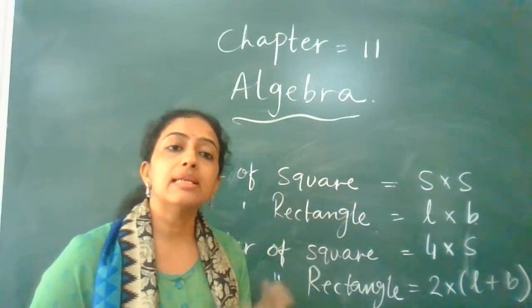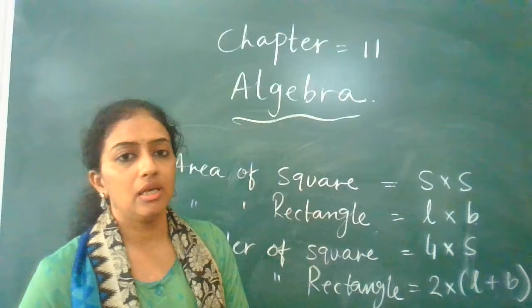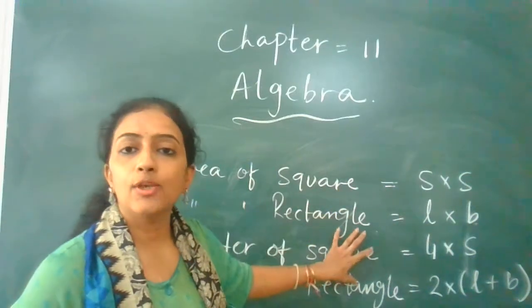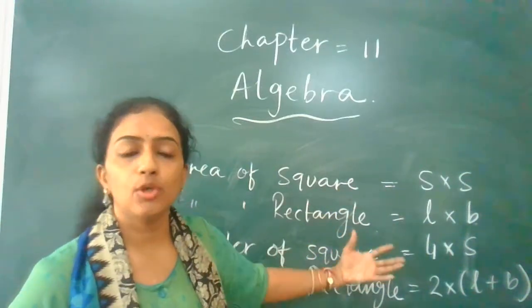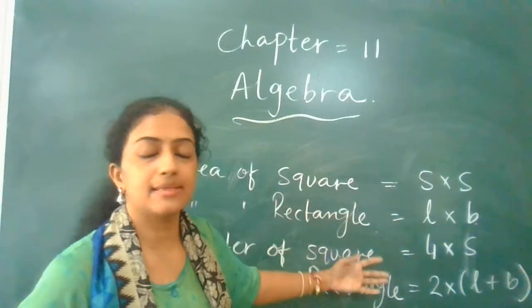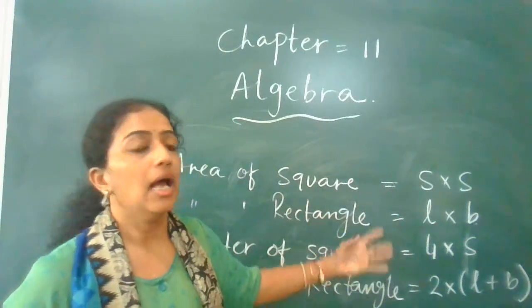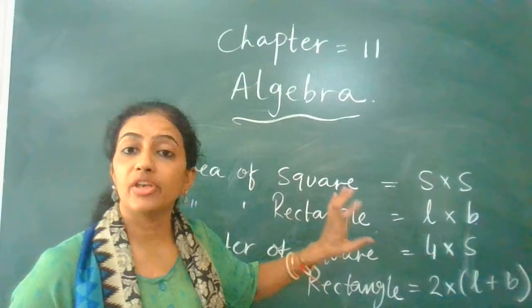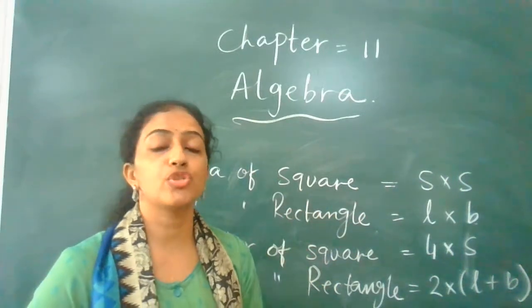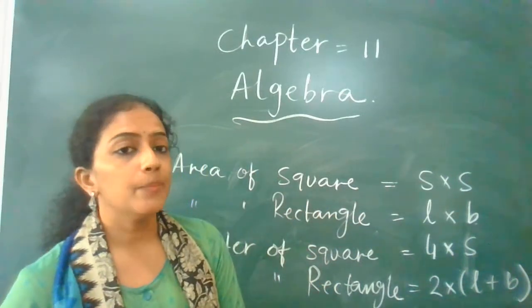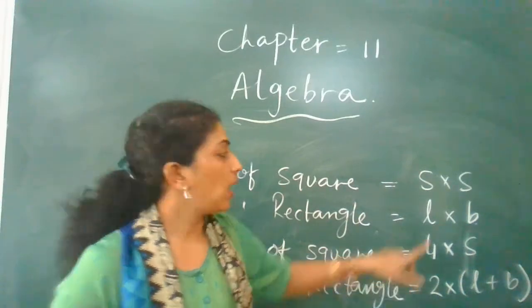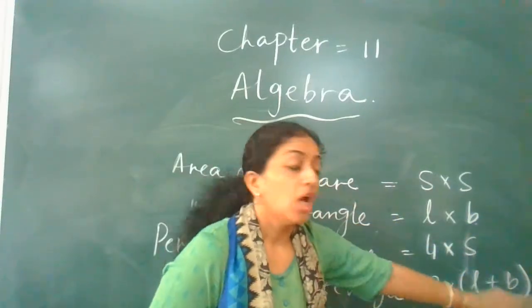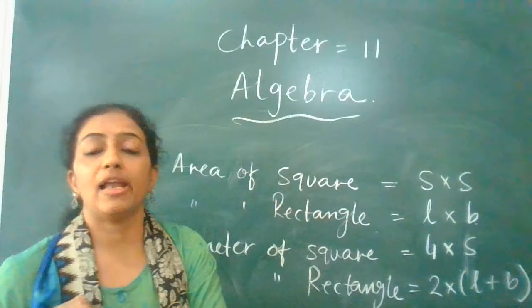So, to understand the concept of variable, I am giving you the example of these formulas, which you have recently used in your chapter 10, where without your knowledge you have used variables, replacing a fixed value.